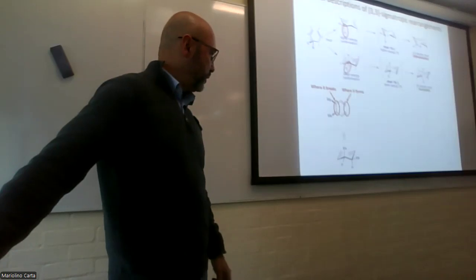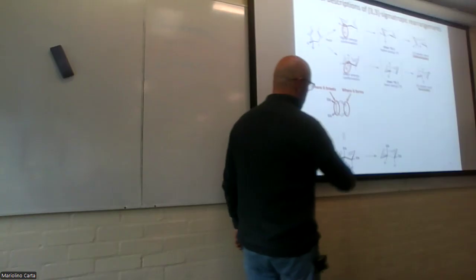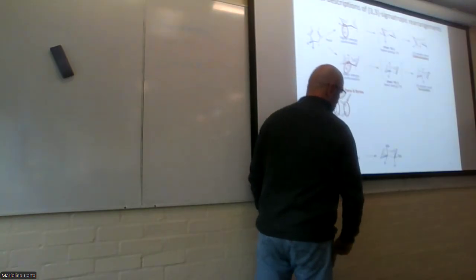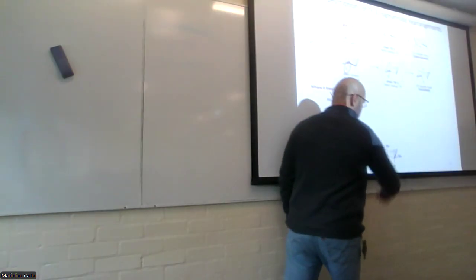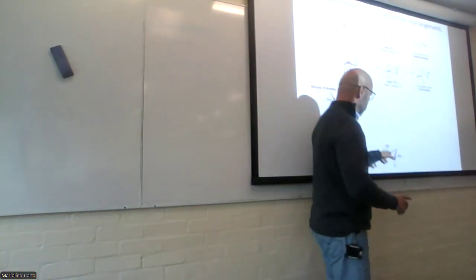So once you do this kind of chair conformation, you can start thinking about your movement of curly arrows to form potentially. I left it dotted because it's a potential movement.